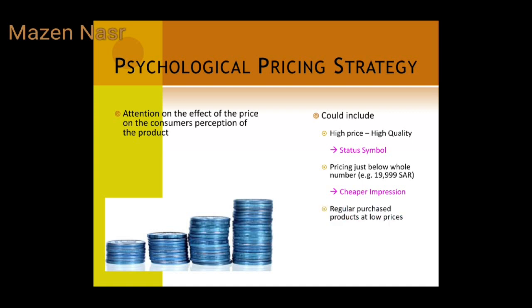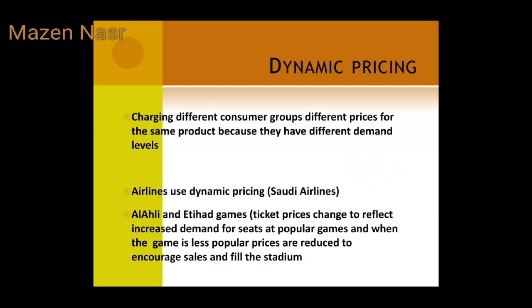Sometimes I use this method, and you all see this, like using 299 instead of 300 or 99 instead of 100. This is just telling customers that the product is cheap. I'm giving them a cheaper impression. Okay, these are just simple examples about psychological pricing.